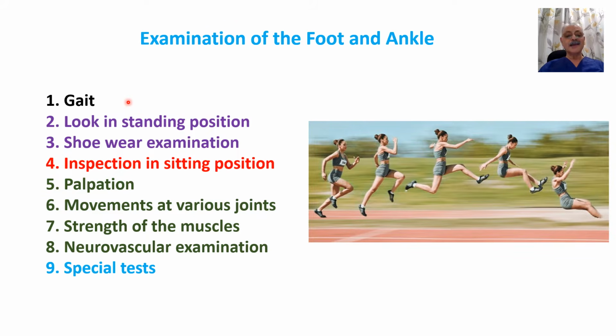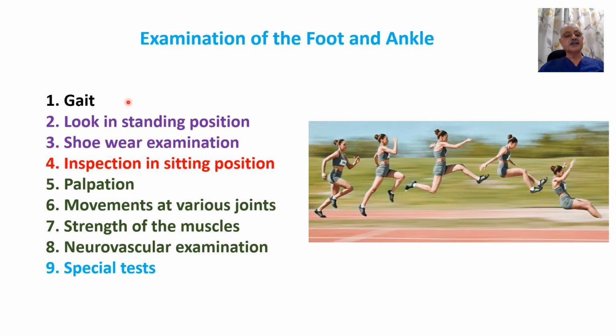Once the gait examination, the shoe examination, as well as observation in the standing position is over, I ask my patient to sit in a comfortable position. And normally this position is a little higher than the examining person.